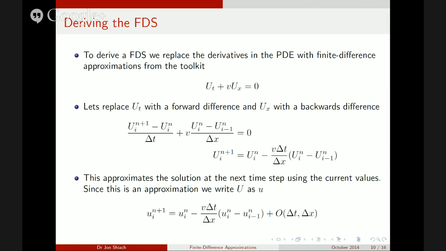And because we use a first order forward difference and a first order backward difference, our error term is first order. So we have an error term based upon delta t and delta x. This is what we're going to use to solve this equation. So this is our finite difference scheme.